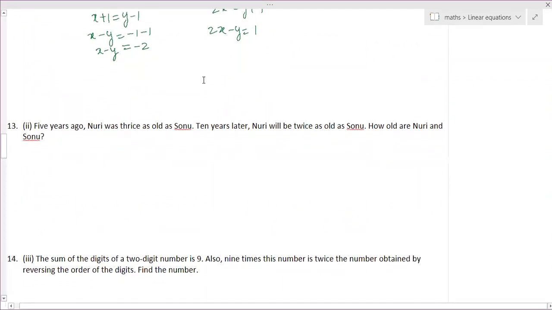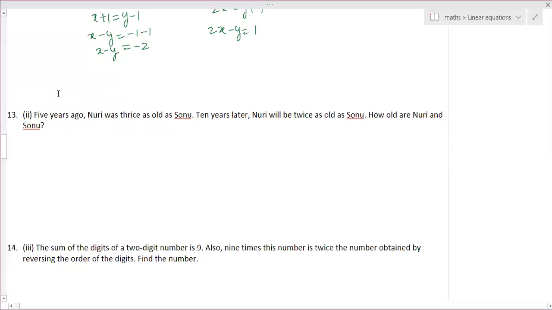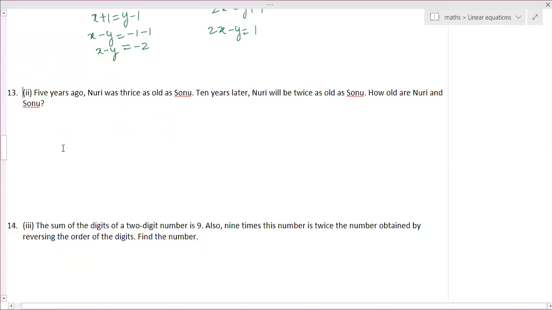Ma'am, the age of Sonu is x and the age of Nuri is y. Who is? Sonu is x. And Nuri is y. So 5 years ago, Nuri's age was y minus 5 and Sonu's age was x minus 5.